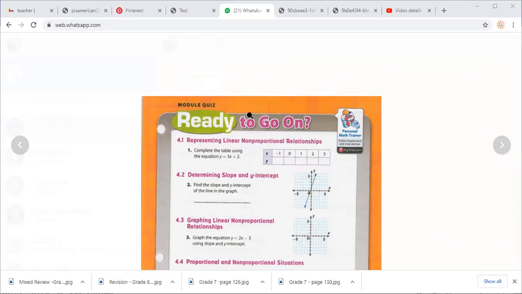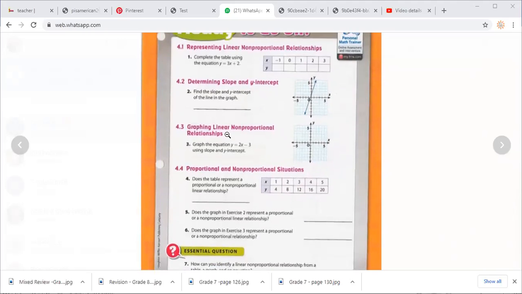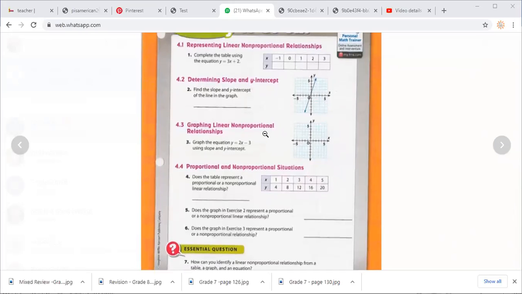No, thank you. Okay. Let's move to the next question, which is in lesson 4.3. What do we have in lesson 4.3? Graph the equation y equals 2x minus 3 using slope and y-intercept. This question is not like the first question.